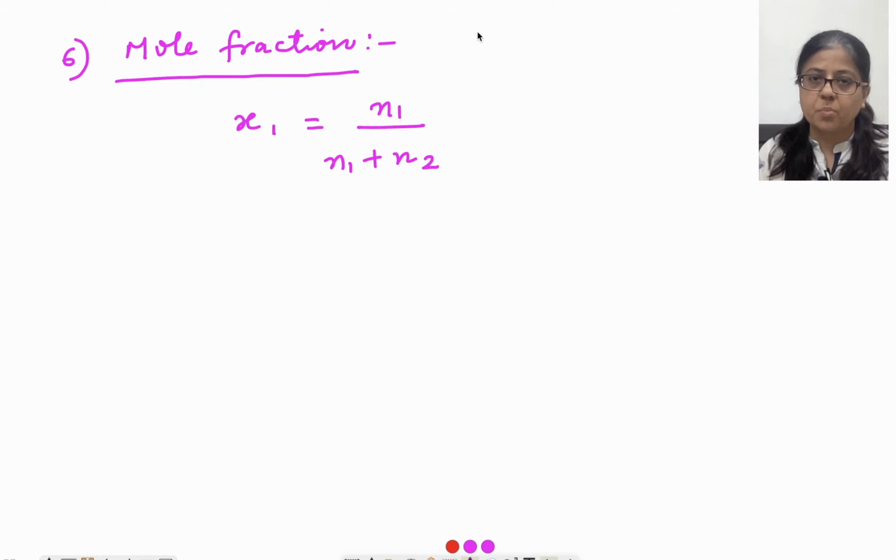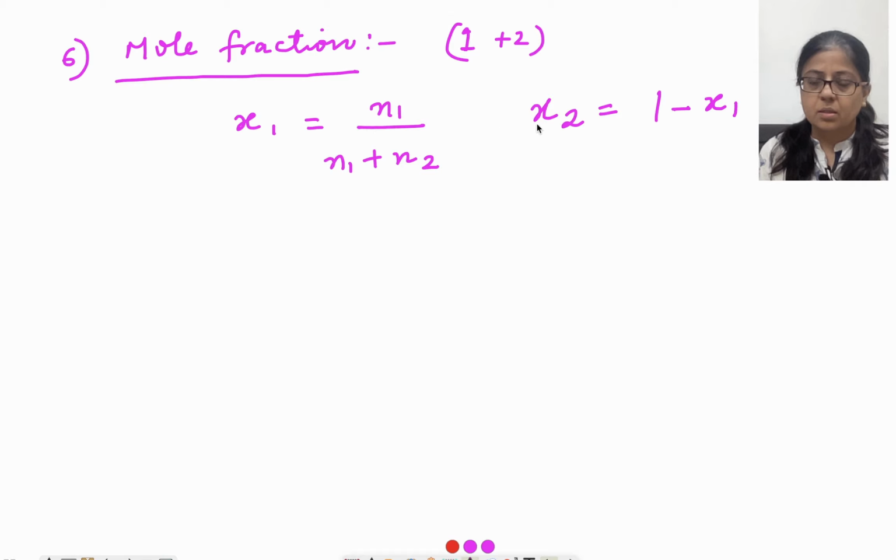Suppose we have two components in the solution, 1 and 2, a binary mixture. The number of moles of the first component divided by the total number of moles will be equal to the mole fraction of the first component, and the mole fraction of the second component will be equal to unity minus the mole fraction of the first component.